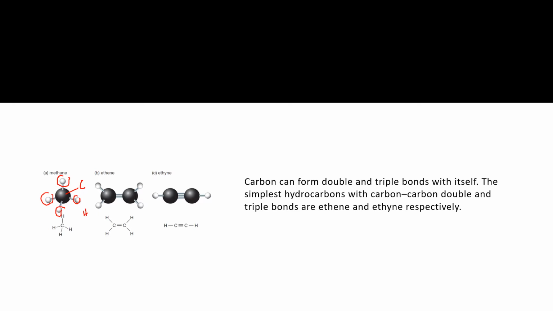Therefore, this is the structural formula. Ethene is the smallest alkene, and ethyne is the smallest alkyne. So you can see what the basics are. Everything has carbon and hydrogen. Only the bonds are different.